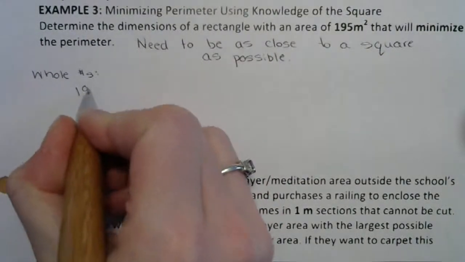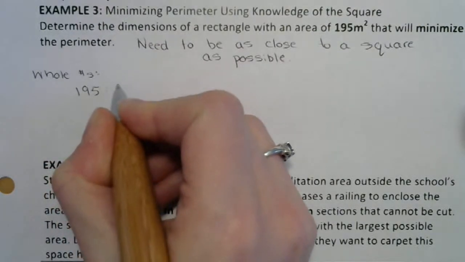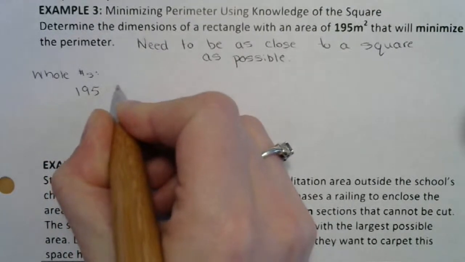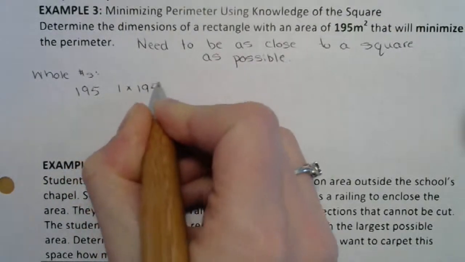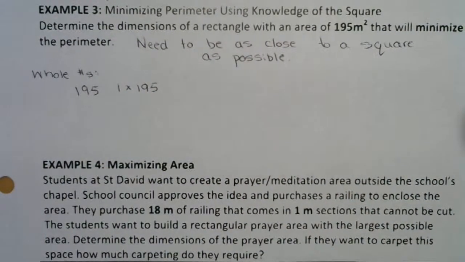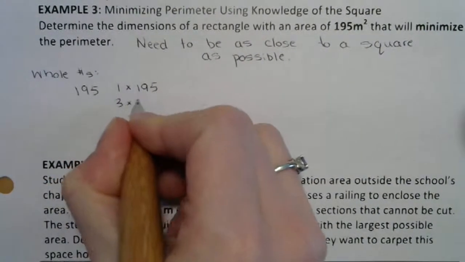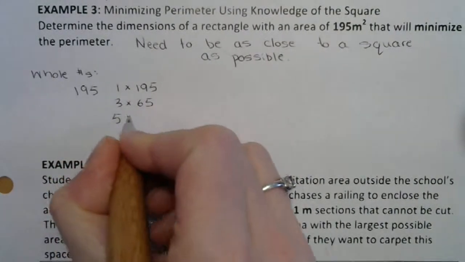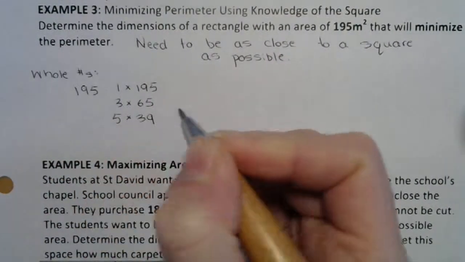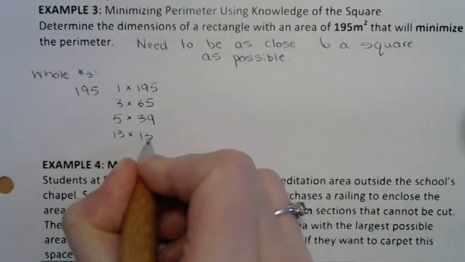So 195, I think the first smallest number, 2 won't go into it, so we could have a 1 by 195, which is probably the worst possible one you could do. We could have a 3 by 65. We could have a 5 by 39, and then I think the next one would be a 13 by 15.